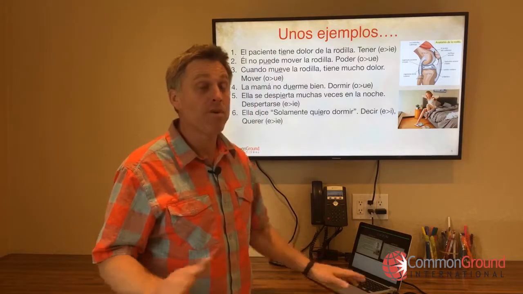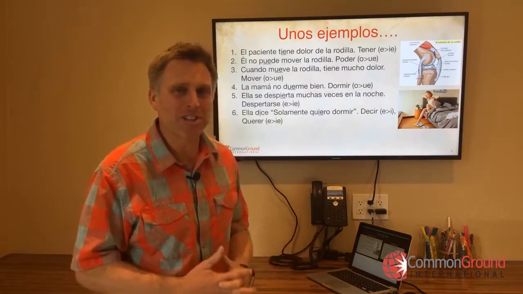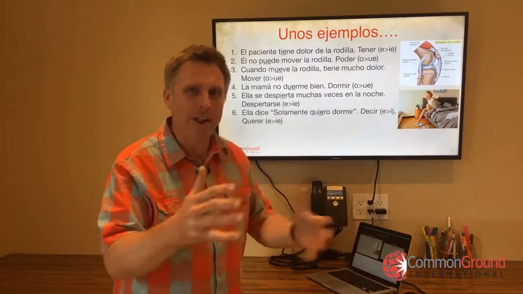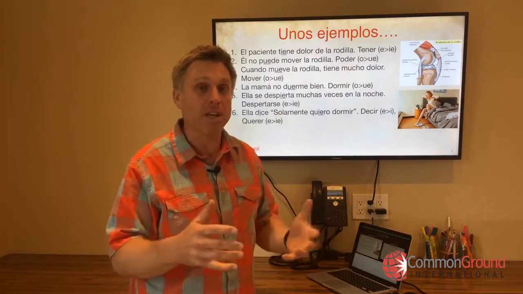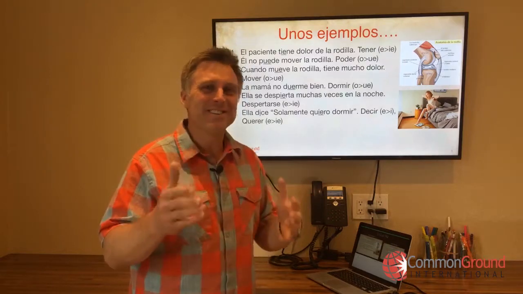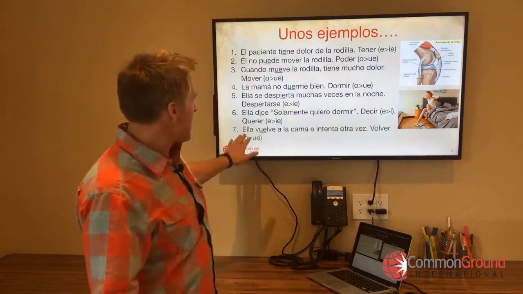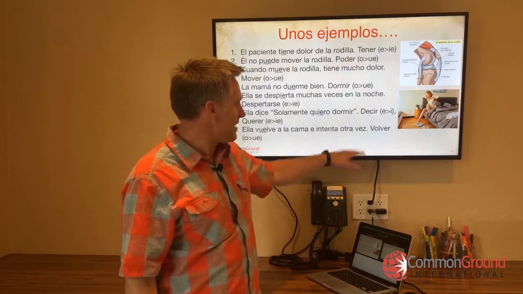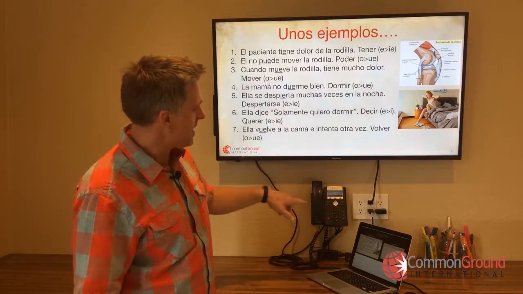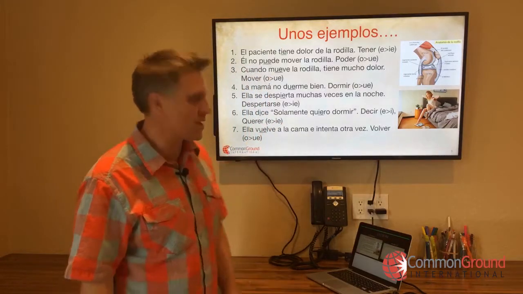Now, if you're old like me, you probably remember an old commercial on TV for Taco Bell, and there's this Chihuahua running around, and he would say, "Yo quiero Taco Bell," and that's the one thing you could put in your mind to remember these stem changing verbs. Okay, ella vuelve a la cama e intenta otra vez. So she goes back to bed, she returns to bed, and tries again. This is from volver, o to ue, and we see its conjugations there.